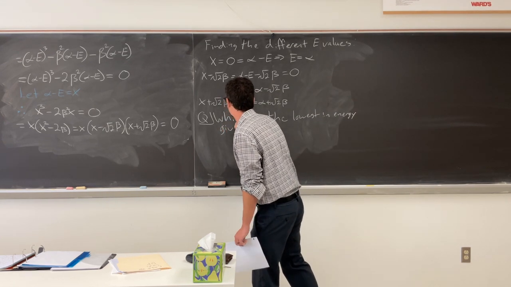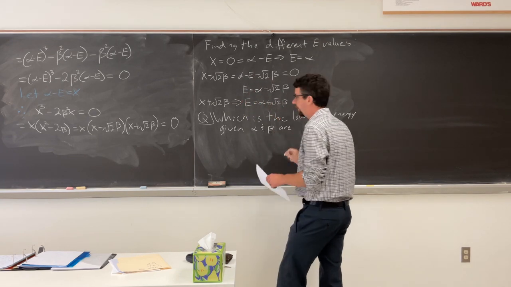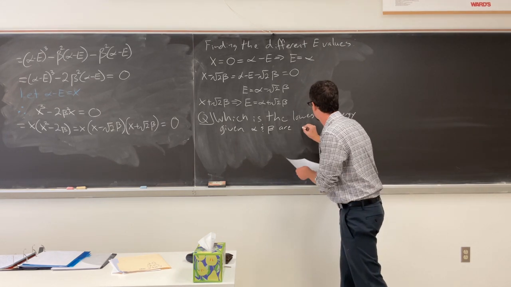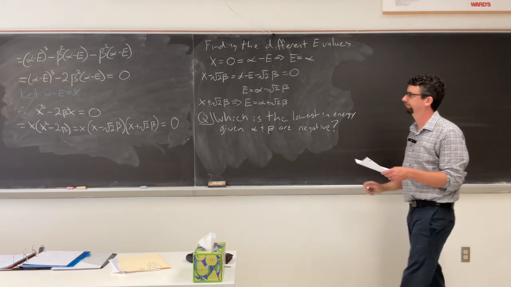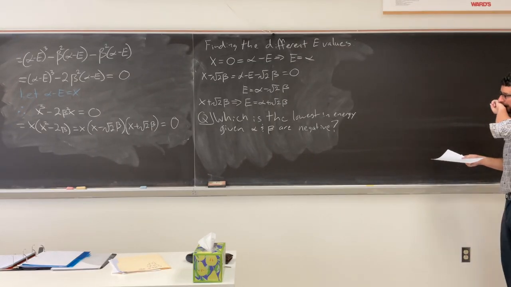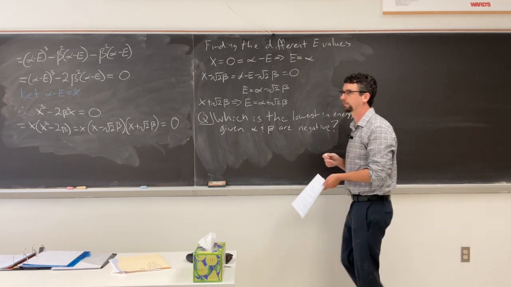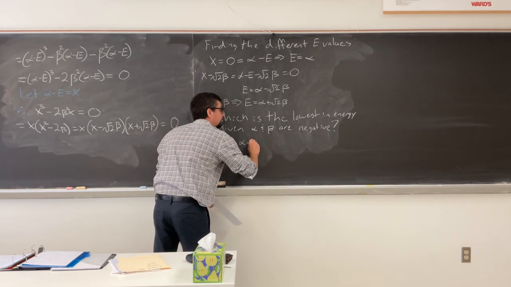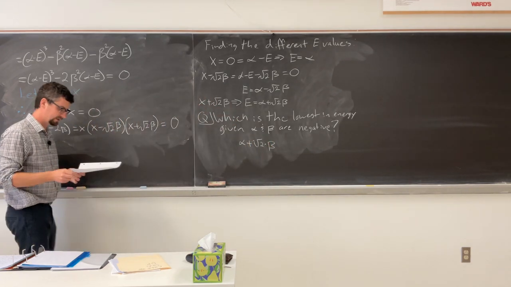Given alpha and beta are numerically negative, like they're negative values, plus radical 2. Yep. That's going to be the one that's lowest in energy.